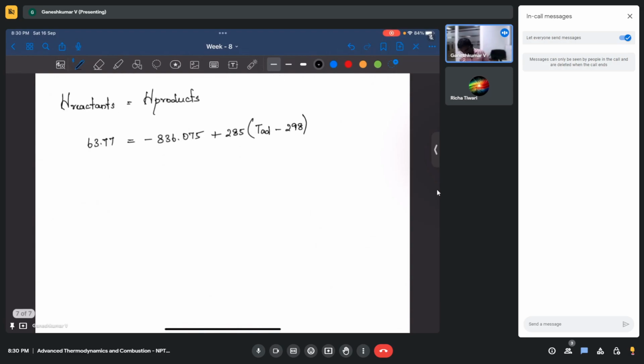So what would be the T adiabatic? This can be easily solved. These are in kilojoules, so make sure you multiply it properly, 10 to the power 3 and 10 to the power 3.